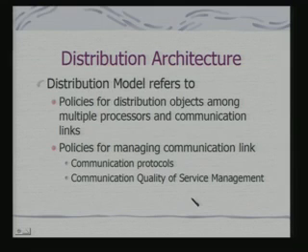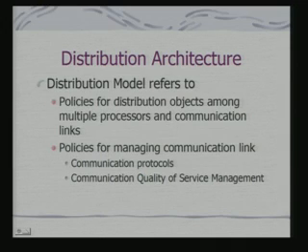Next we come to the distribution architecture. So, once we have got the top level view with respect to the requirement analysis, from the top level view we have got the subsystems, we have got the collaboration view, and next comes the distribution view. The distribution view tells us how the objects are to be distributed among multiple processors and their communication links, because an embedded system does not consist of a single processor.